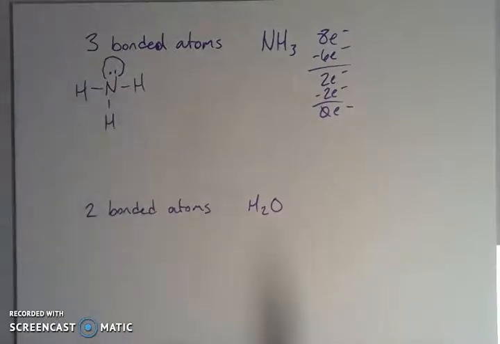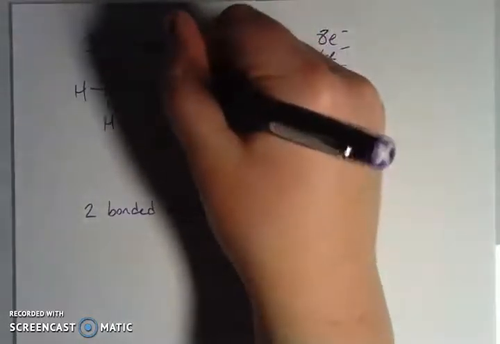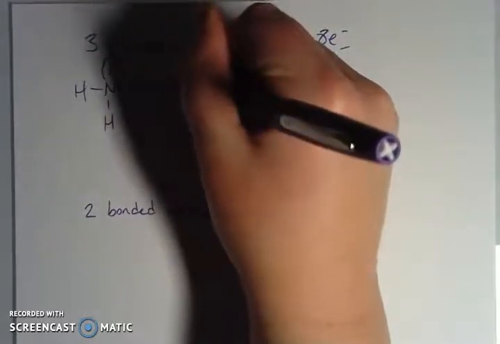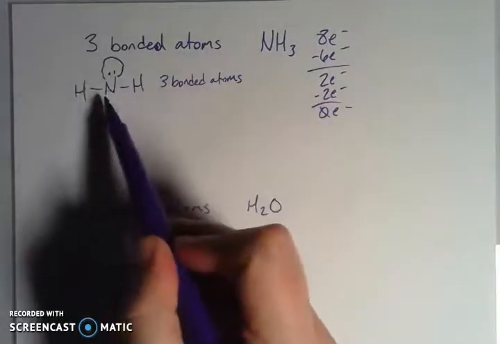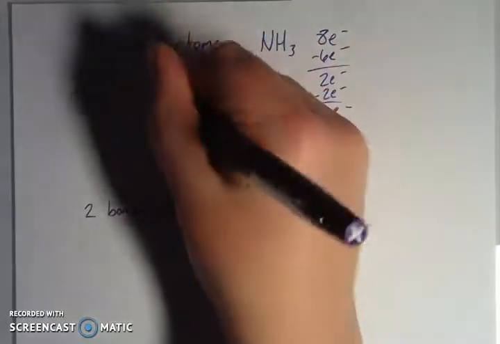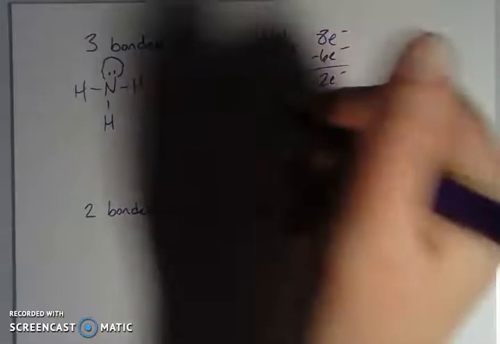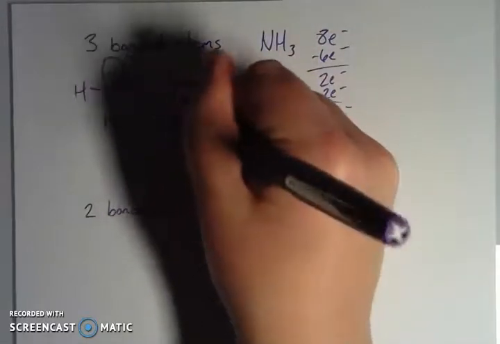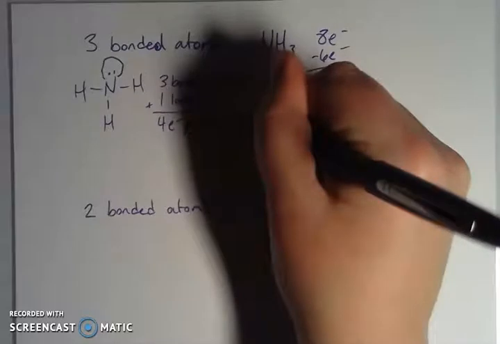So now we're going to do some accounting to figure out what the geometry is of this. So we have 3 bonded atoms. And because nitrogen is our central atom, we have 1 lone pair. So when we add those together, we end up with 4 electron pairs, which gives us tetrahedral geometry.